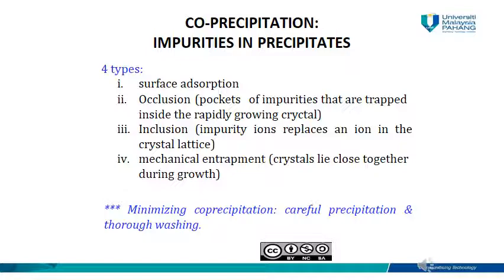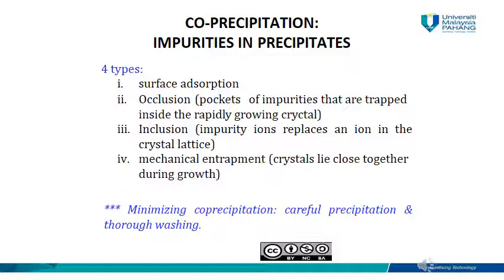The impurity ion replaces an ion in the crystal lattice. The fourth one is mechanical entrapment. This entrapment happens when crystals lie close together during growth. So this is more of a physical problem.